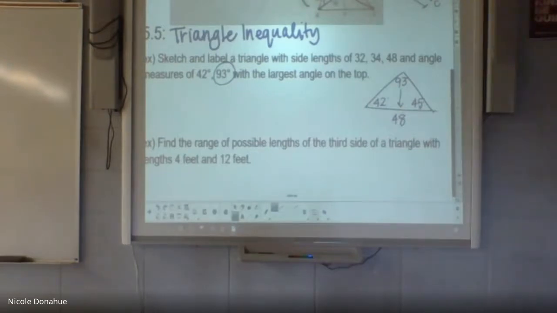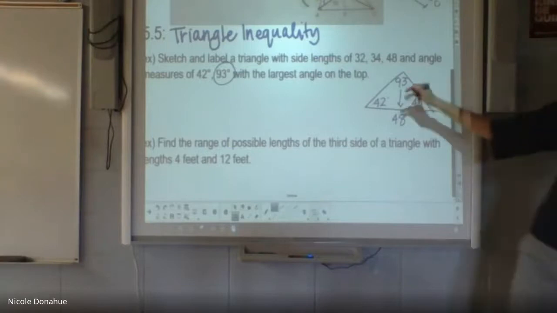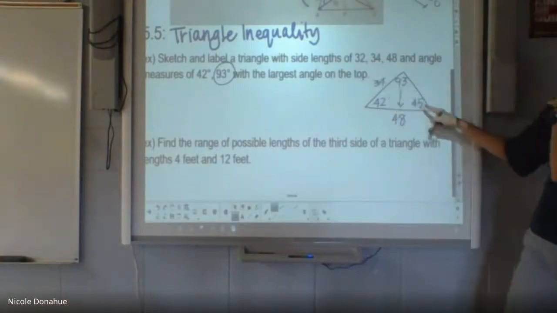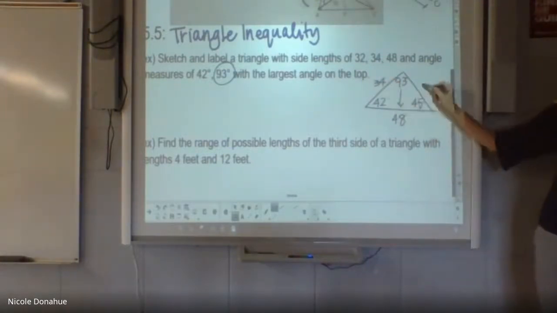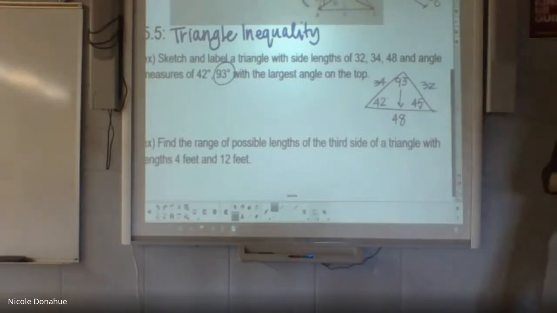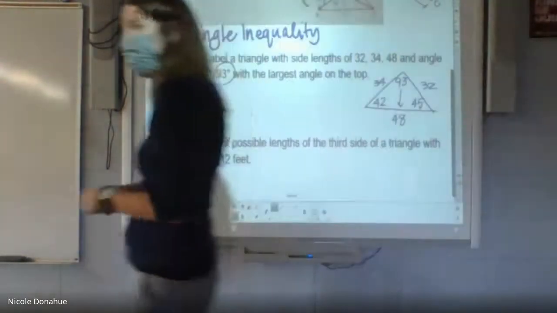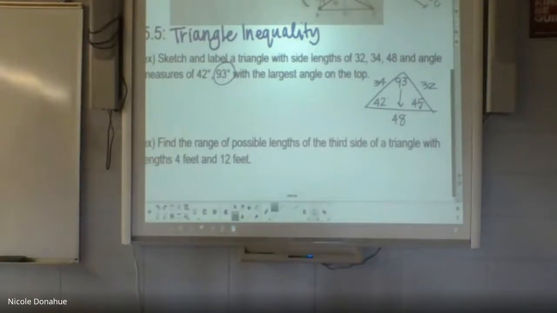What else do we know? And where the other two go as well. Galina? The 34 would be on the left side because it's across from the 45. Very good. And then that would be 32 for over here. And those side lengths make sense for a triangle because the two shorter sides add up to more than the third side.